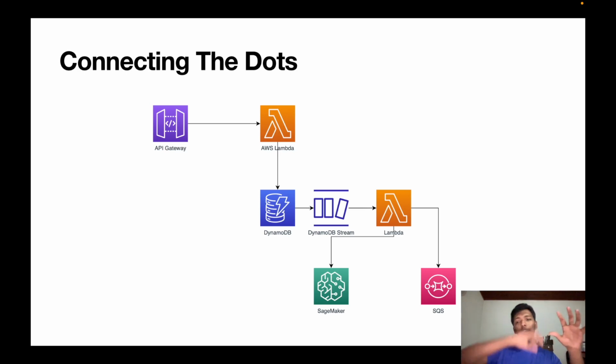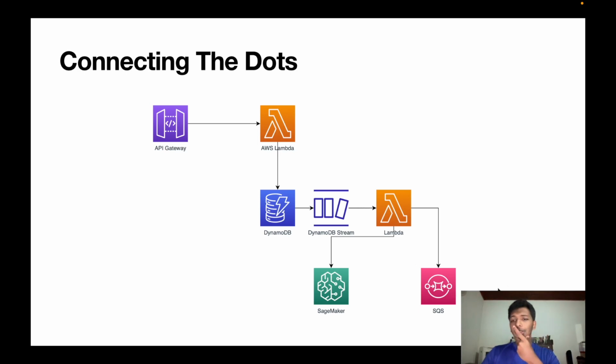And once you take all of these services together and start building, you can build applications like this. So for example, here we have a simple backend API which uses DynamoDB to persist data. And from there, we have a stream event from DynamoDB, which invokes a Lambda function to process the stream records.